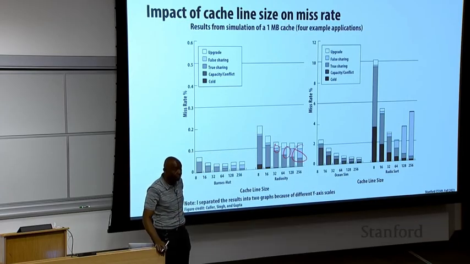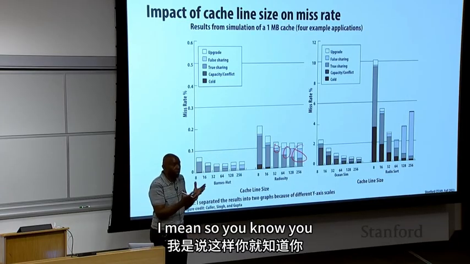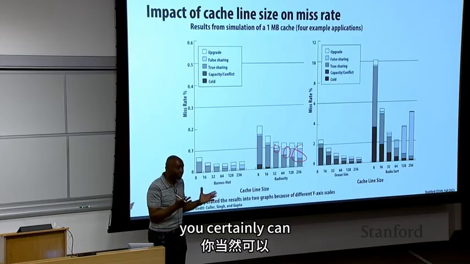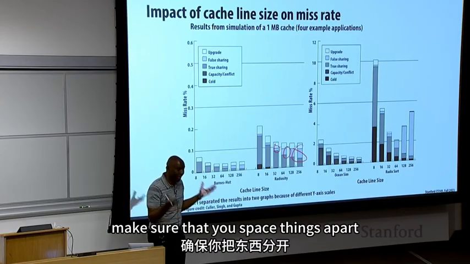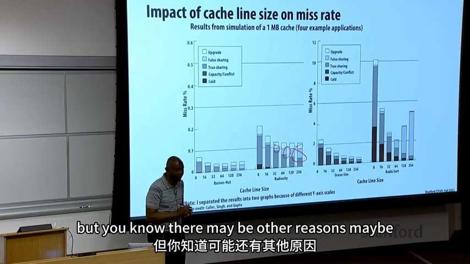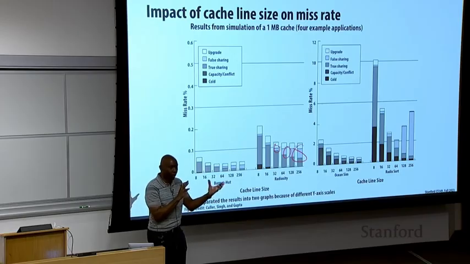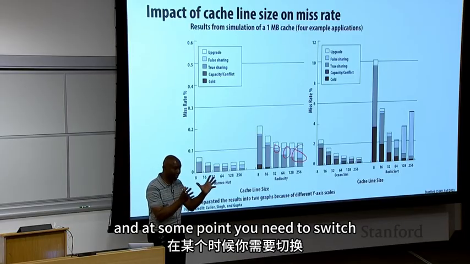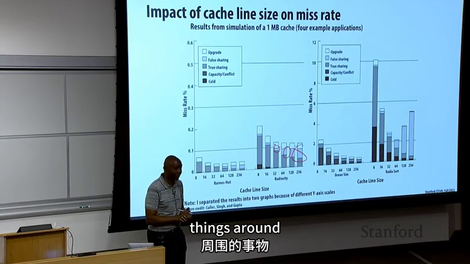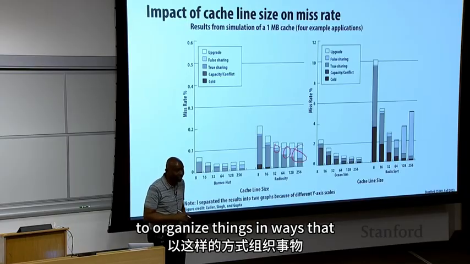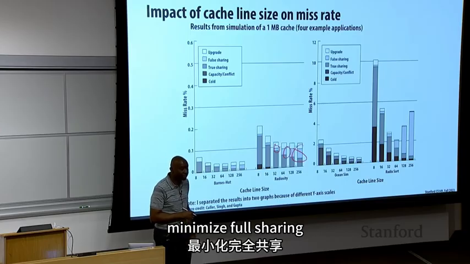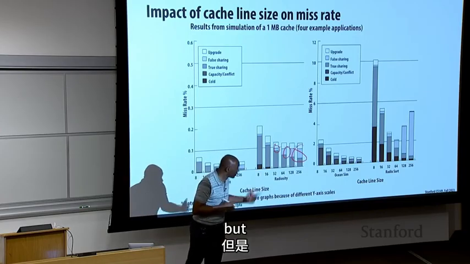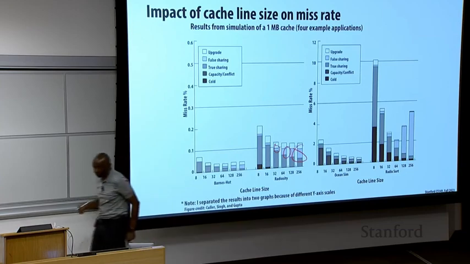You certainly can make sure that you space things apart such that false sharing doesn't occur. But there may be other reasons. Maybe you have phases to your application, and at some point you need to switch things around, and it may not be convenient to organize things in ways that minimize false sharing. But you should be aware of it.